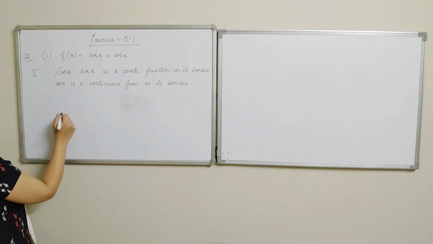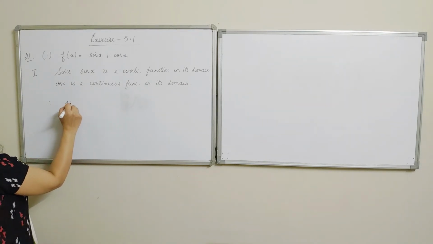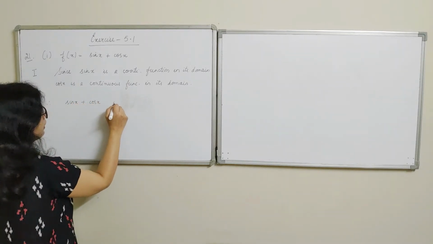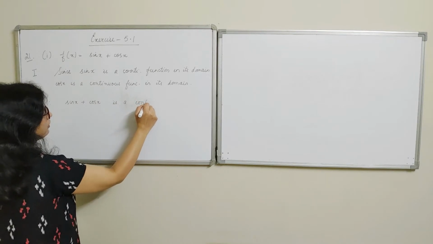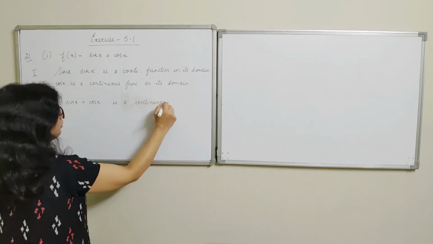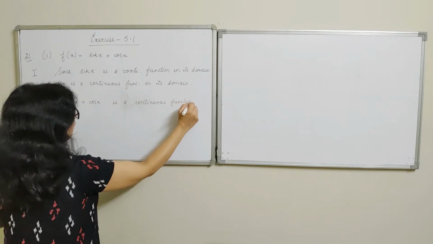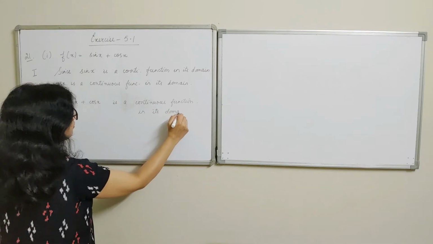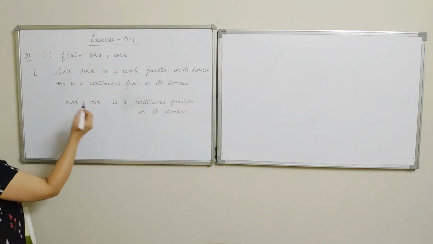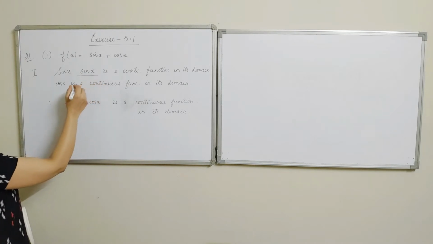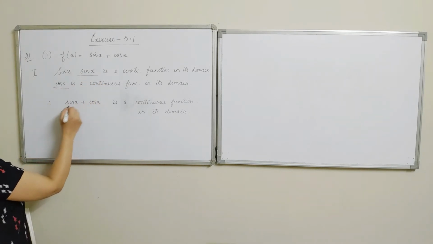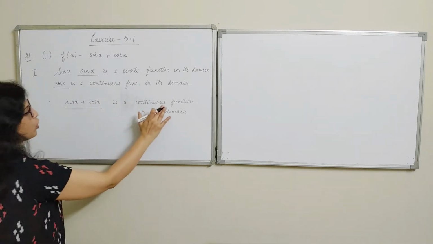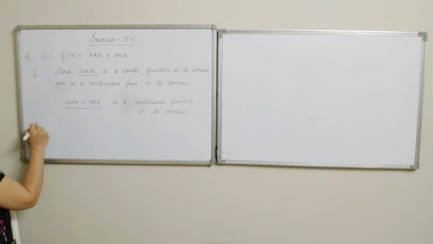Therefore, by algebra of continuous functions, the sum of two continuous functions will also be a continuous function in its domain. So here we can directly write down the result, because sin x is a continuous function, cos x is also a continuous function. Therefore, the sum or even difference, product or the quotient of these functions will also be a continuous function. This is one method.